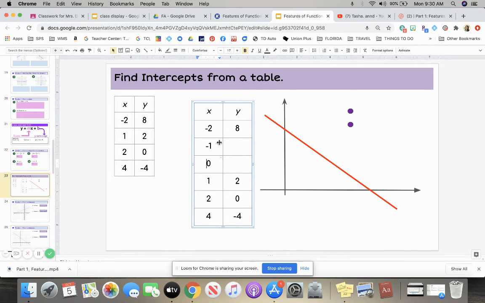So I'm going to need to fill those in. What I do is I'm looking at 1 and 2 over here because those come right after the other. So if I look at when I have x is equal to 1, y is 2. And when x is 2, y is 0.